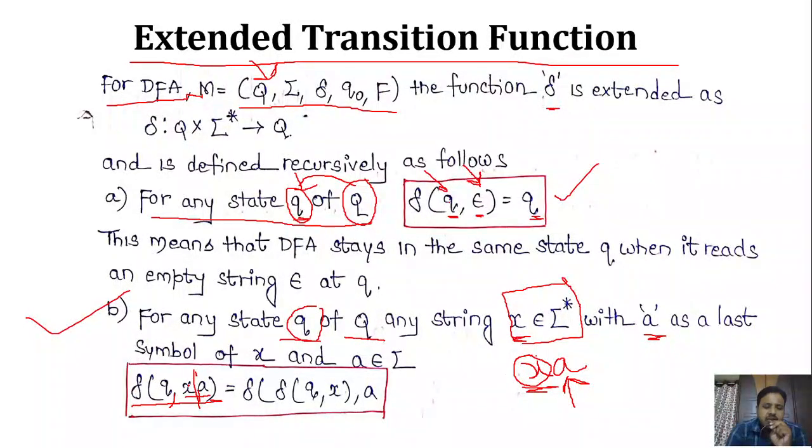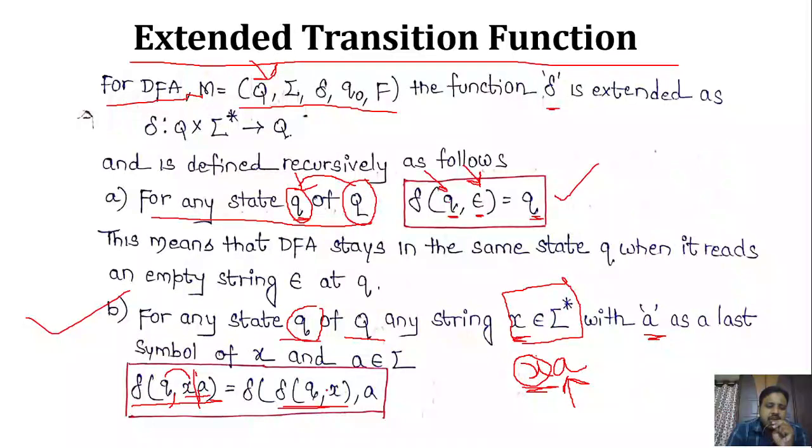So in order to get the transition, what we need to do is apply the transition on the current state and the first part of the input. So how do you write delta of qx? Okay, so delta of qx. First you need to apply the transition from state q on the input x.